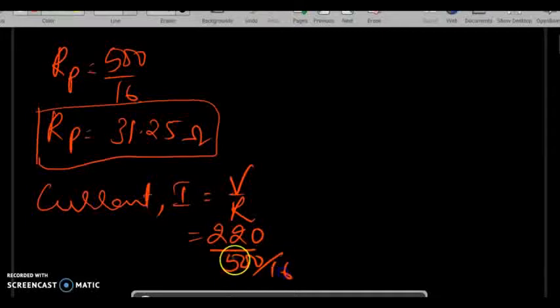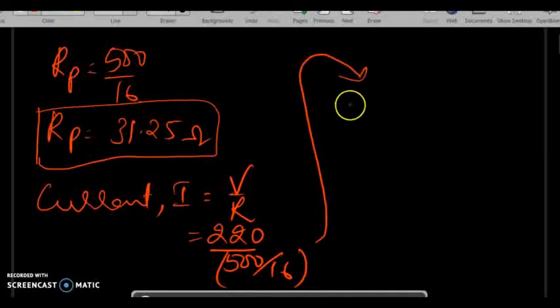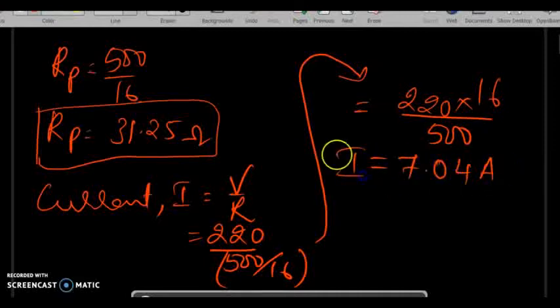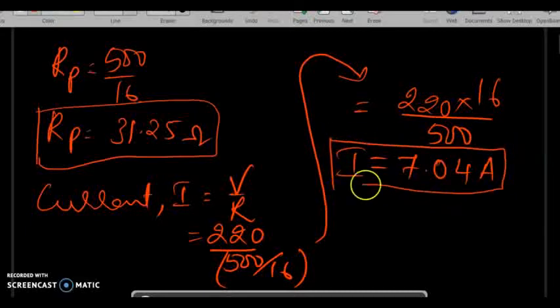That will become 220 into 16 divided by 500. So that will give me 7.04 ampere. This is the current through the electric iron, which has the same resistance as the combination of these three resistors we have seen. Okay, children? The next, we'll go ahead.